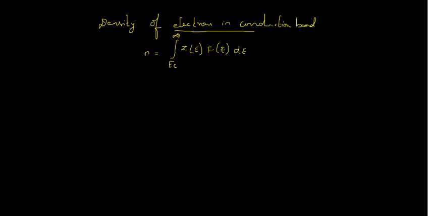So the number of electrons is given by the product of the number of energy states multiplied by the probability function within the limit EC to infinity. So let us put this as equation number 1.